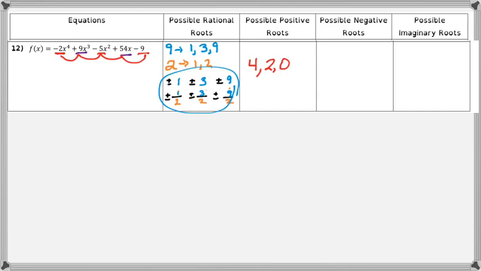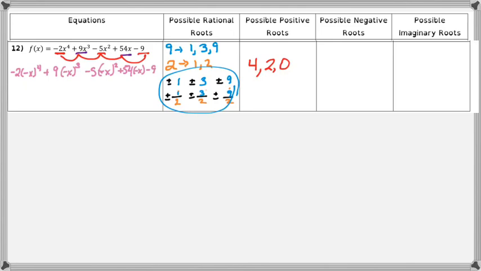Now I'm going to plug in a negative in for all my x's. So I have negative 2 times negative x to the 4th plus 9 times negative x cubed minus 5 times negative x squared plus 54 times negative x minus 9.